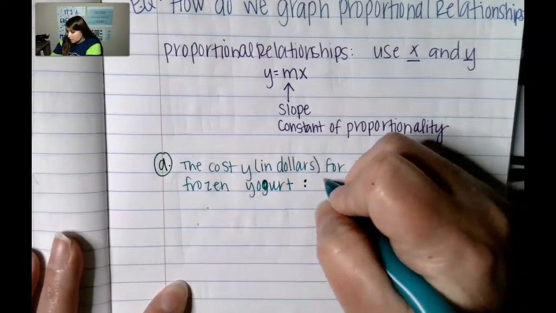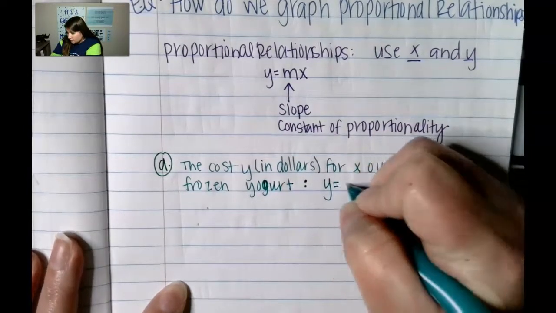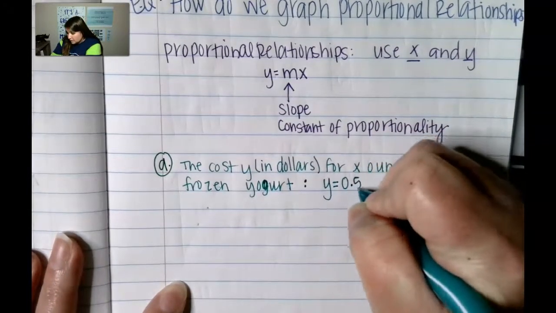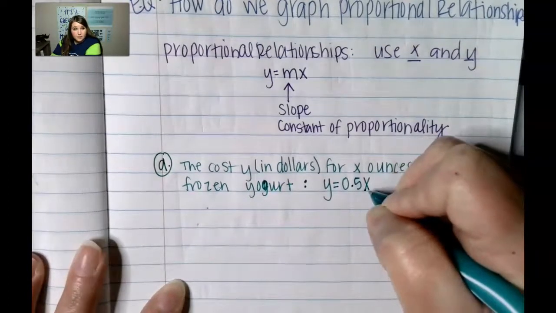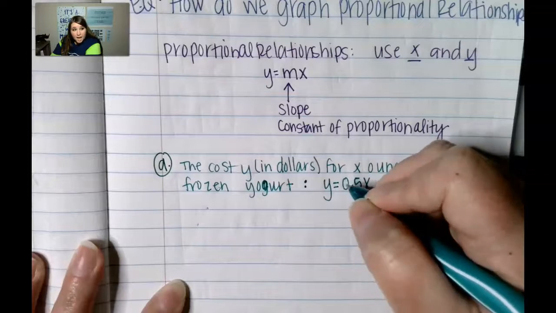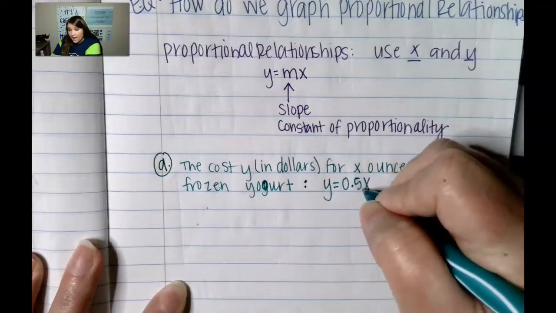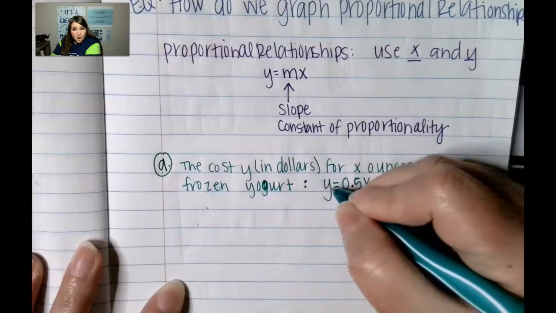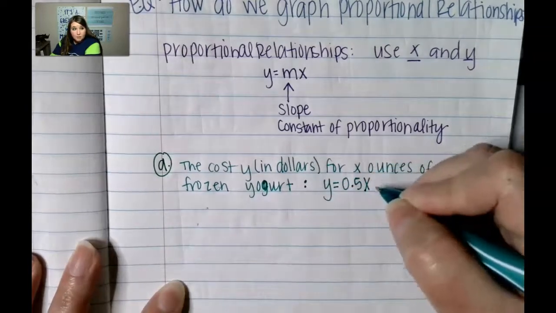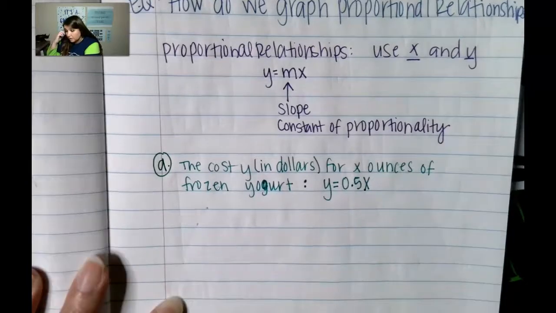We're going to use the equation y equals 50 cents times x. So for every half of x, we're going to get a y value.